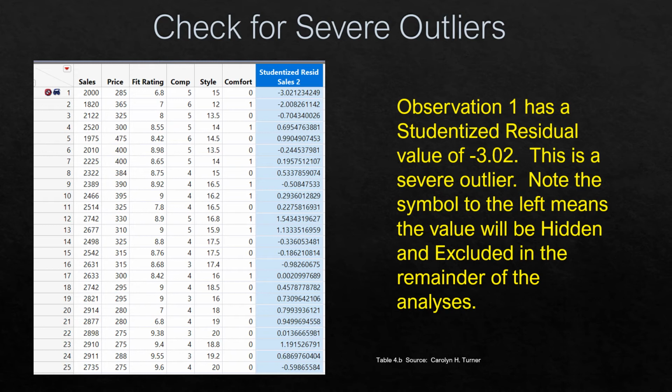That then puts these little symbols there saying that we are not going to use this observation when we rerun the data. Then look at observation 2, negative 2.008. That value is suspicious. So I do not have to remove it, but I might make a note of it. I go on down the column and I don't see any other types of outliers. So now we'll proceed with our next look at the residuals.